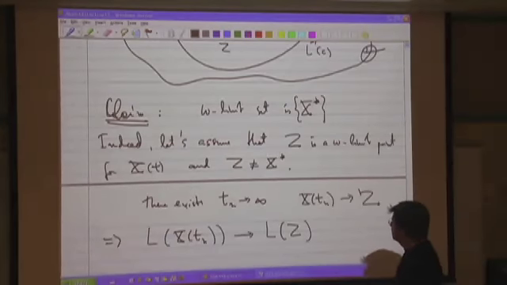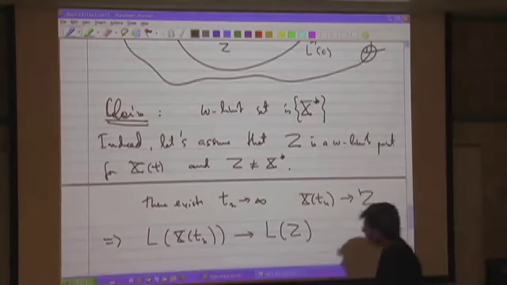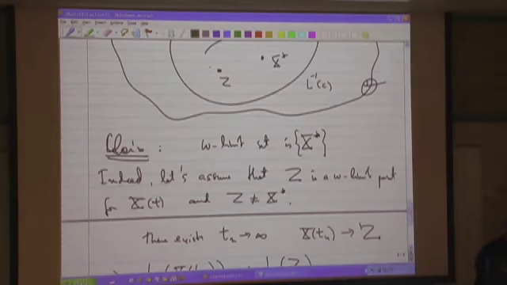Okay. So there are some points, again I'm not saying it's the whole curve that is approaching, but there are some points going towards that point z. Okay? So now let's consider the curve that starts at z. Z itself has a curve, right? As an initial condition.